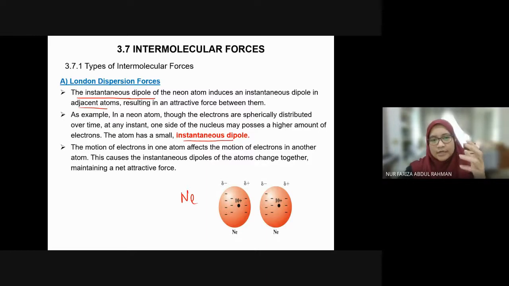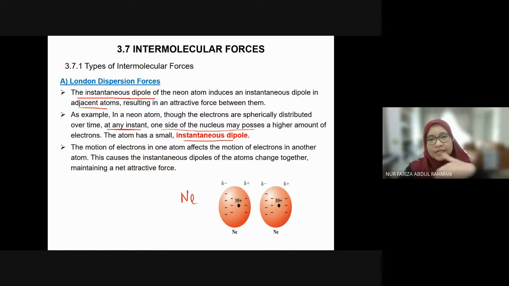Okay, alright, so the reason dia ada instantaneous dipole is because, we know that electron in the atom, for example neon, dia ni tak stay in one place, dia move around. Somehow at any instant, one side of the nucleus may possess a higher amount of electron.